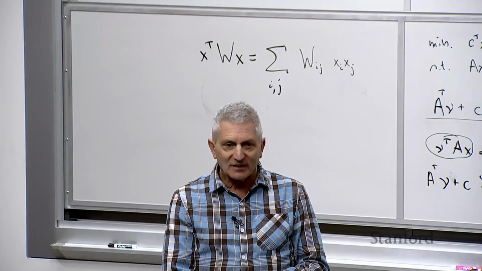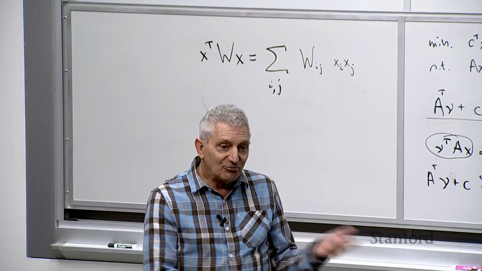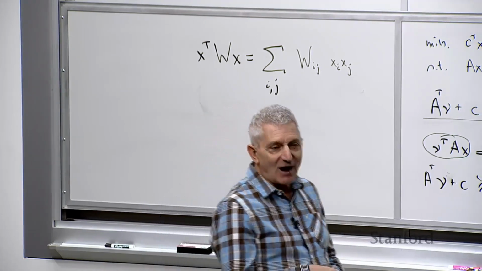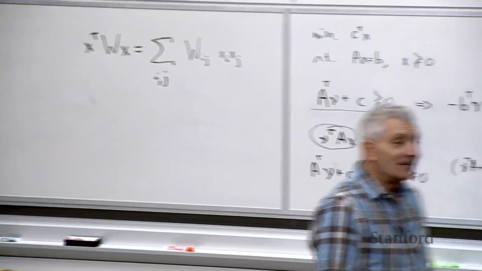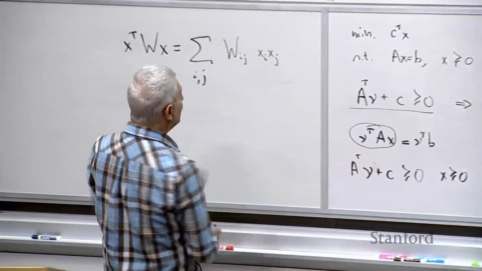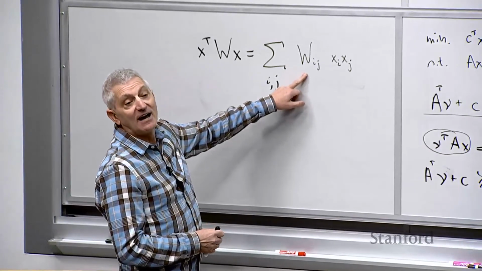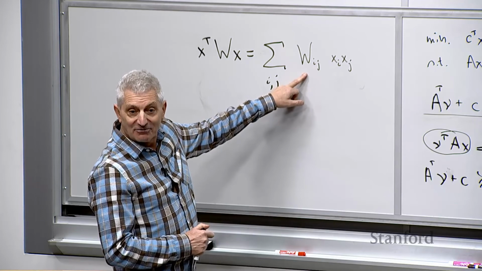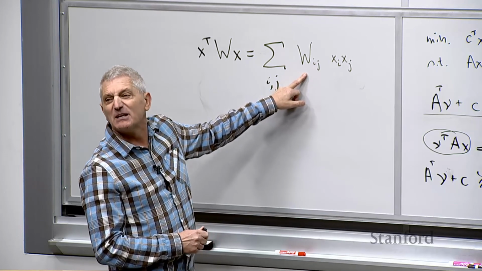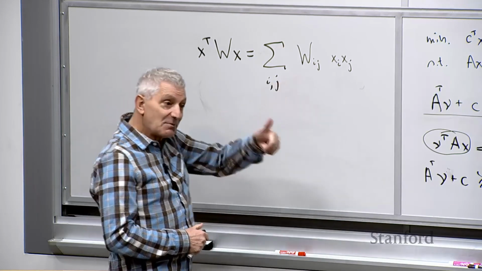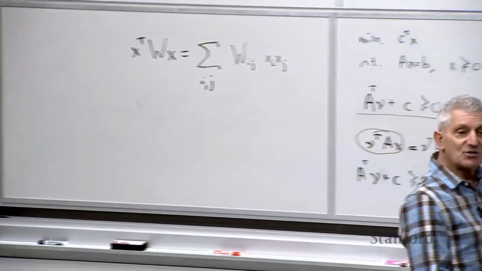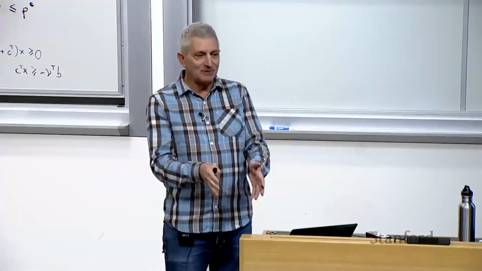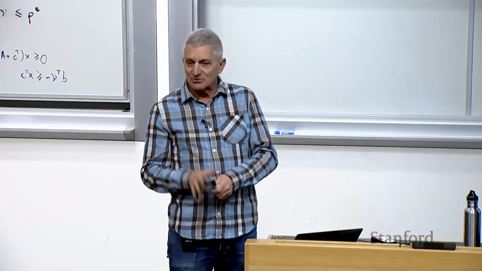So if wij is +3, it means you will pay 3 if you assign i and j to the same group. If it's -3, it's the other way around, you have a revenue or income of 3. So the w's specify how much it irritates us to have items in the same group or different groups, okay?